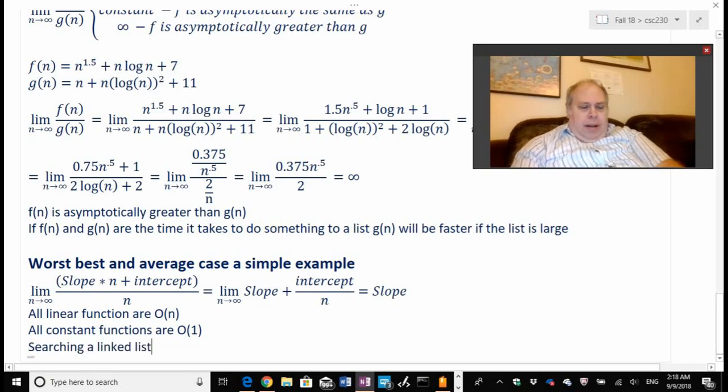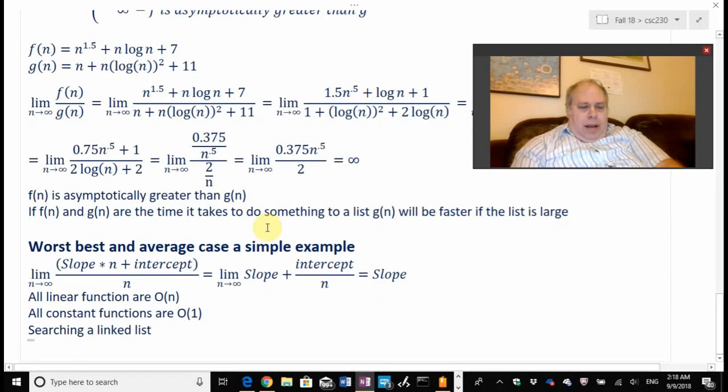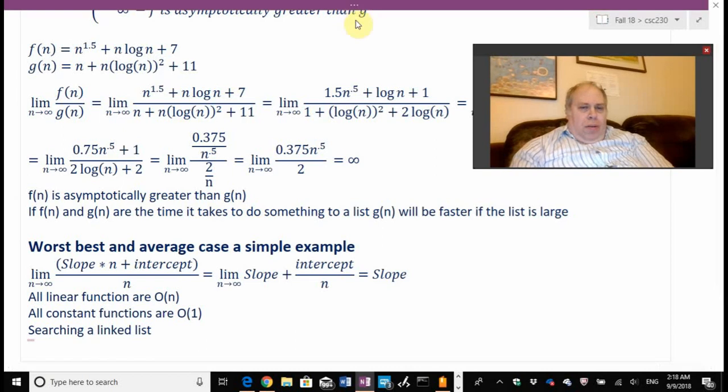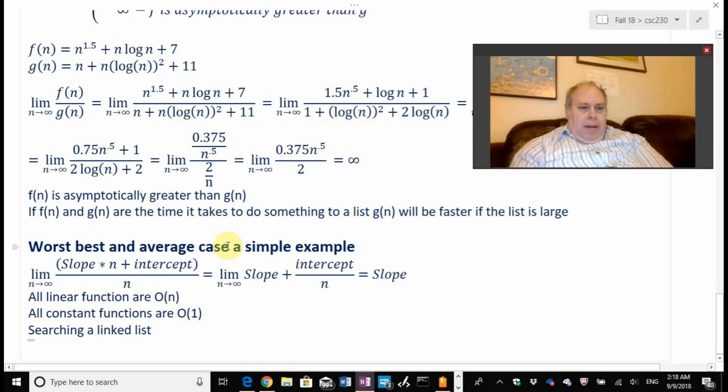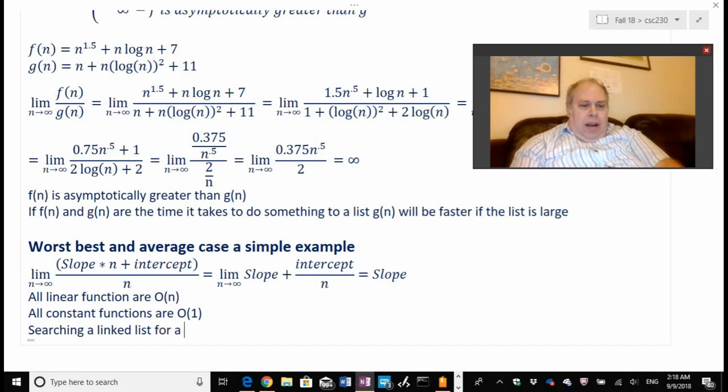We talked about deleting all the negative numbers from a linked list in the review. Let's just talk about searching a linked list for a key. We want to find a key in a linked list and then get its value, right?